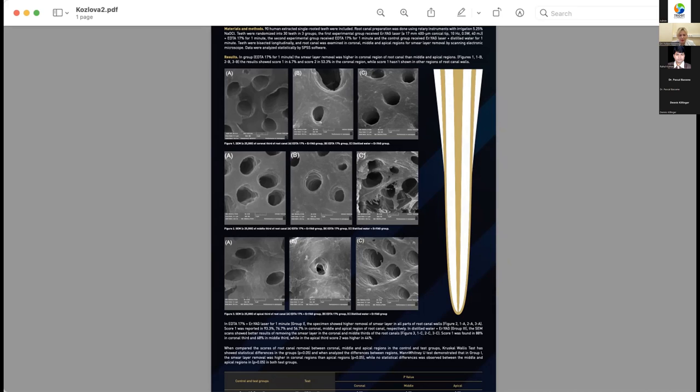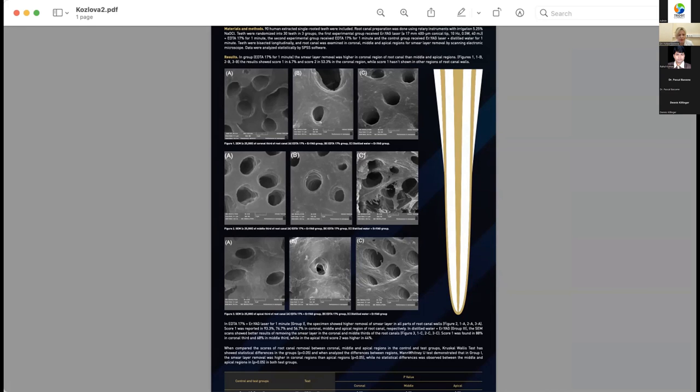Here is the first group, only EDTA, and the second group, laser activated irrigation, EDTA in combination with Erbium YAG.